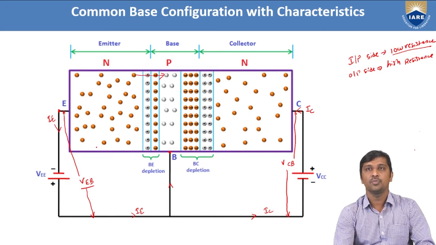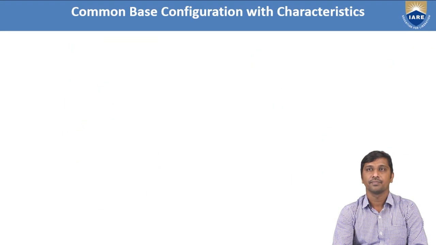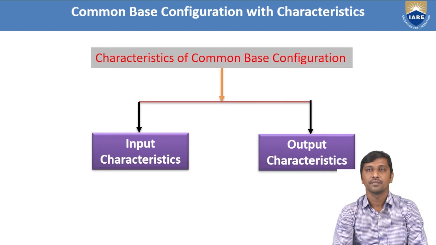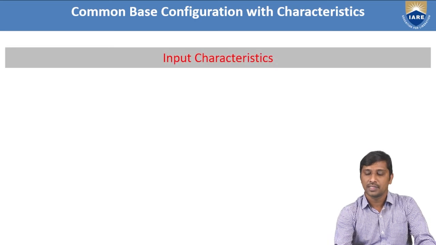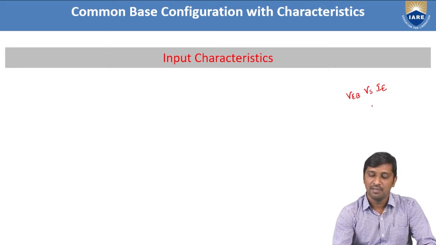Means we need to plot the input characteristics. These input characteristics are plotted as VEB versus IE, while maintaining that the output is constant.